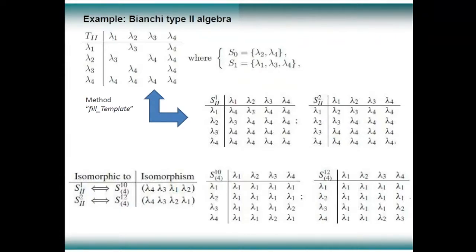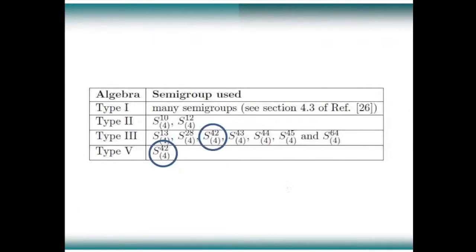We have this one, but we also have a method to see if semigroups are the same by isomorphism. So we have methods to check this, and our library takes care of it. So this is the result they get.